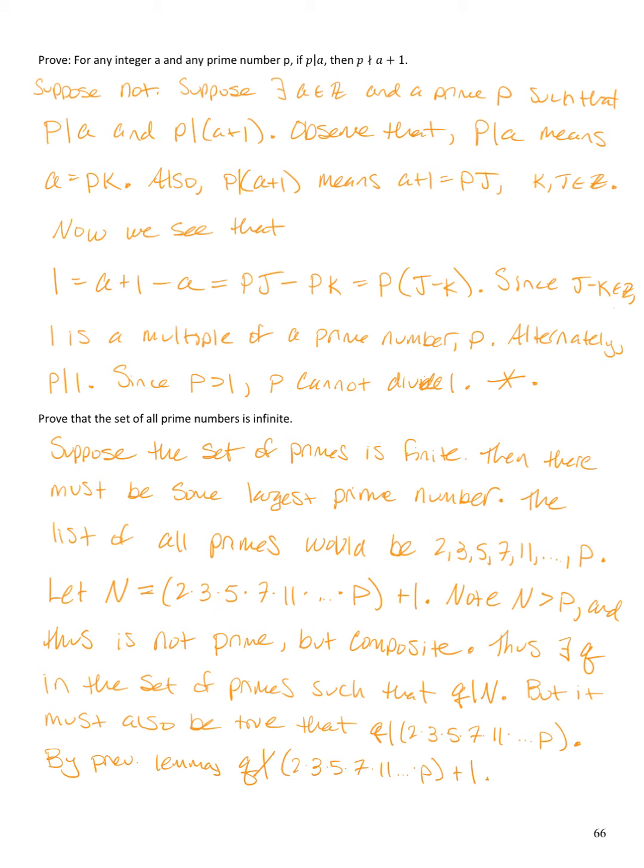So that is our contradiction, because we just said that it does divide N. We said q divides N, and then we said, but q cannot divide N by the previous question. So we've reached our contradiction, and it must be that the set of prime numbers is infinite. Therefore, there are infinitely many primes.